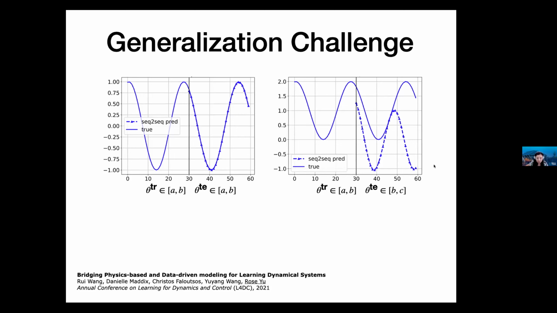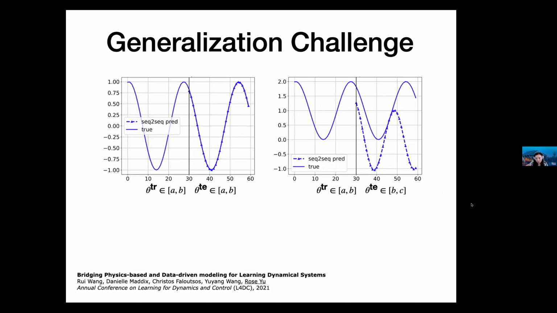And when we train our model on this kind of data set, the deep learning model completely fails. And it actually doesn't matter what type of deep learning model we use to make predictions on this data. It's always the case that the model fails to generalize when the test data distribution is different.